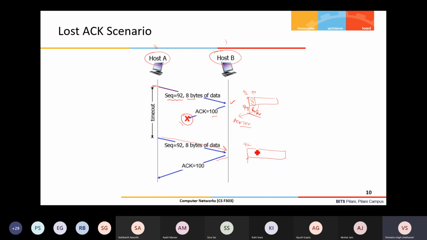Now here it is again receiving a duplicate packet, starting from 92. So it will see that 92 with 8 bytes is already there. It will not buffer this packet, it will discard it, and it will send the acknowledgement saying that I am waiting for 100 onwards.